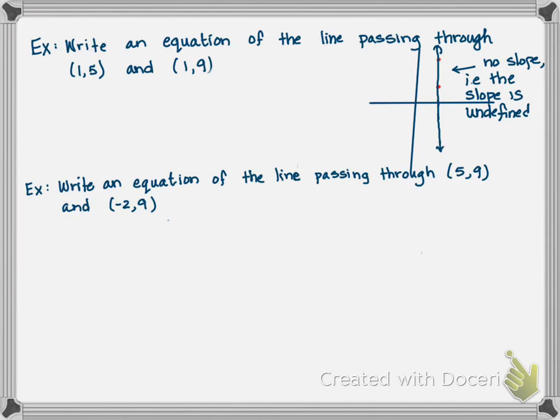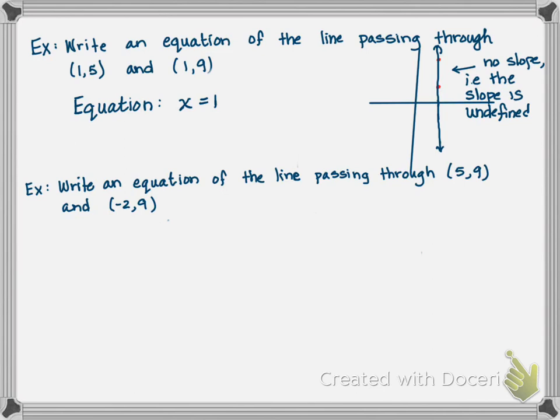So our equation is just going to be x equals 1, which doesn't really look like the equation of a line, but it tells us everything we need to know about the points on this line, right? Every point on this line has an x value of 1, and it doesn't matter what the y value is. So x equals 1 gives us all the information we need to graph the line, which is what an equation is supposed to do: give you the information that you need to find the points on the line. And so our equation is as simple as that.